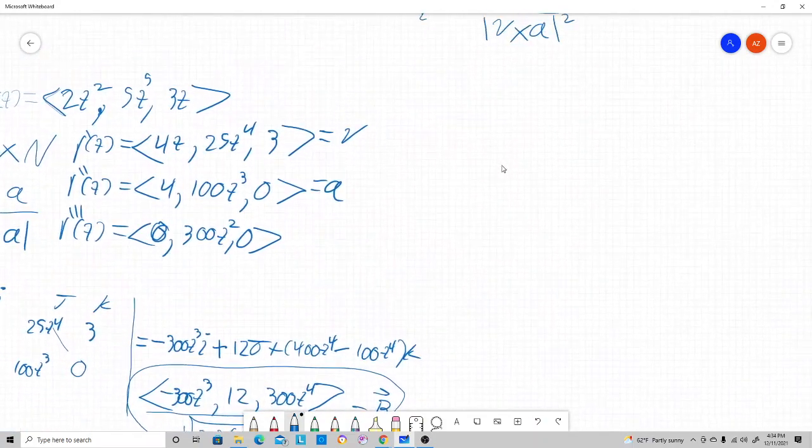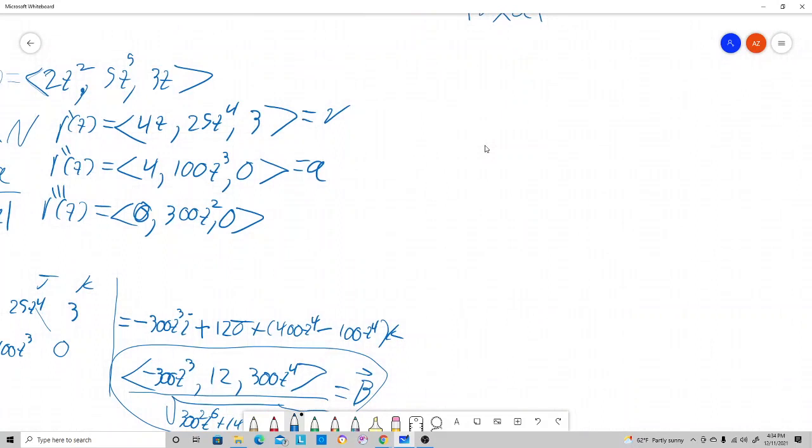If we grab our v cross a vector, this is 300t to the third, 12, 300t to the fourth.